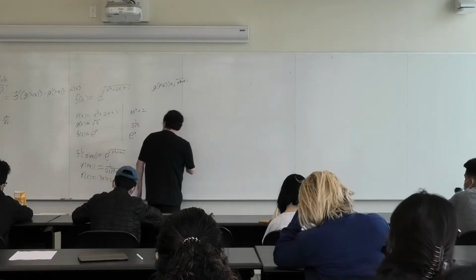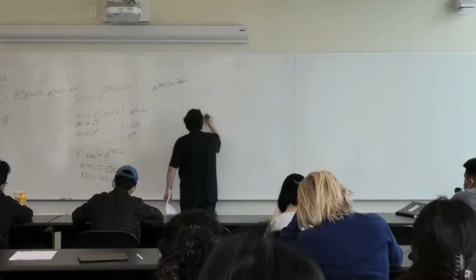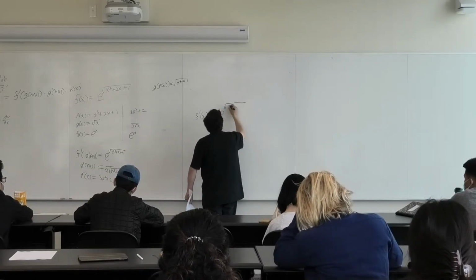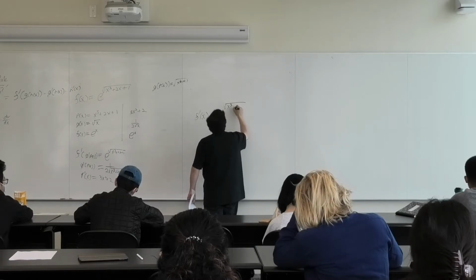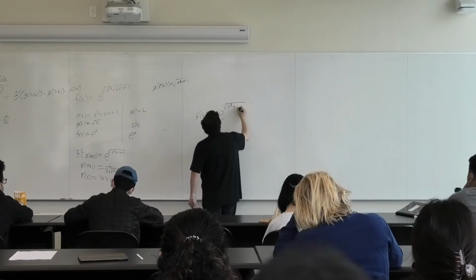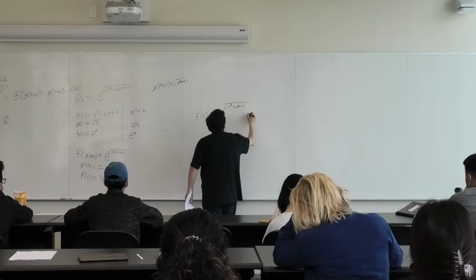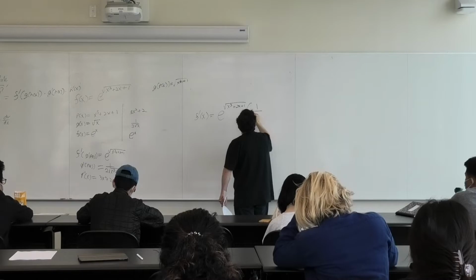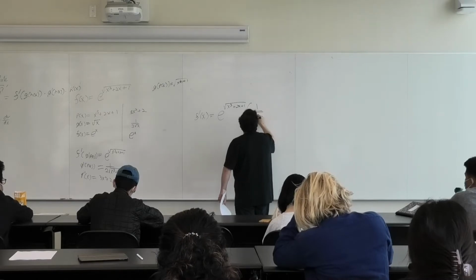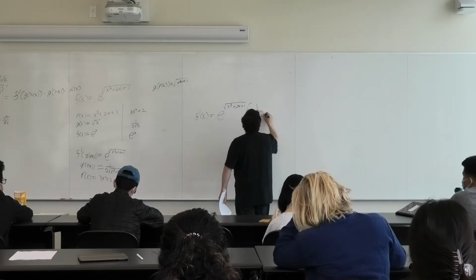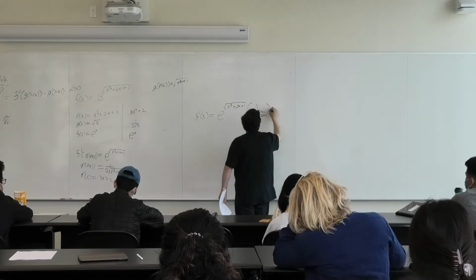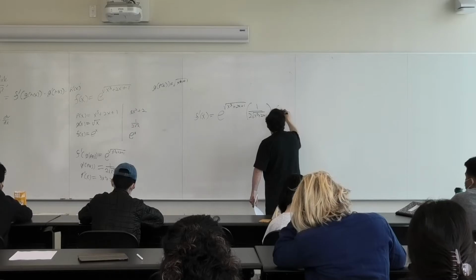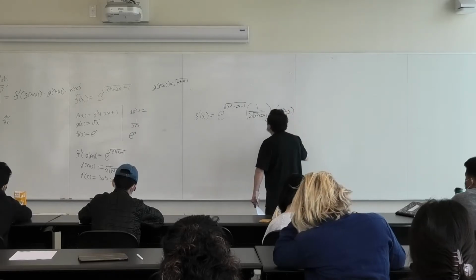So combining this all, we have the derivative is e to the square root of x cubed plus 2x plus 1, times 1 over 2 times the square root of x cubed plus 2x plus 1, and finally times the last derivative, 3x squared plus 2.